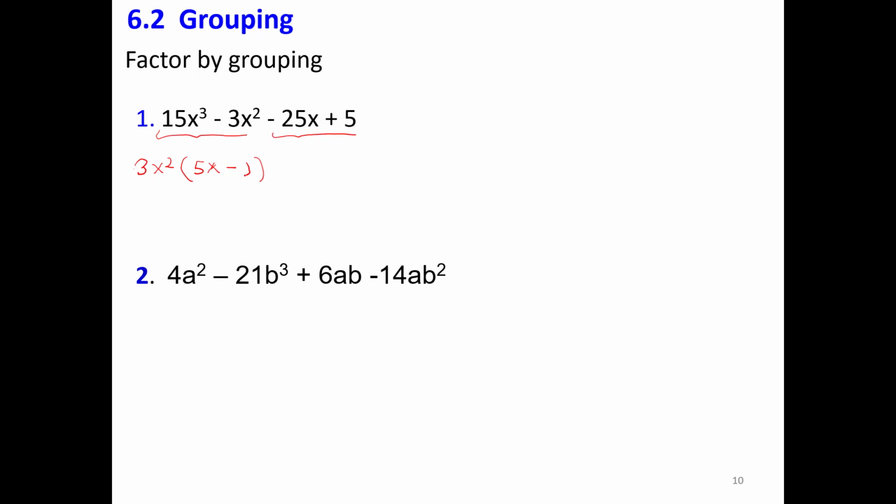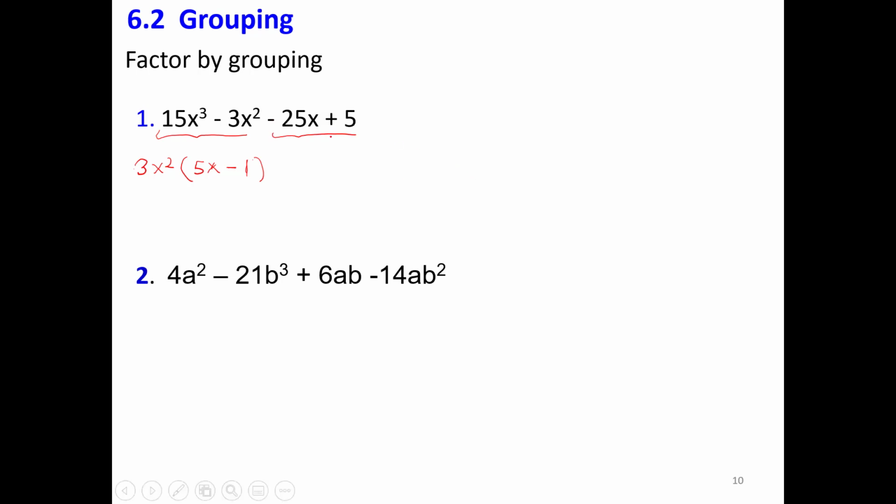Then the next thing is, if we have a negative sign, we need to be careful when we are factoring. If we have the negative term, see here, this negative, we have to be careful. We have to double check if how we factor out is correct.